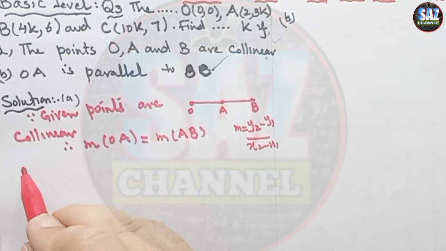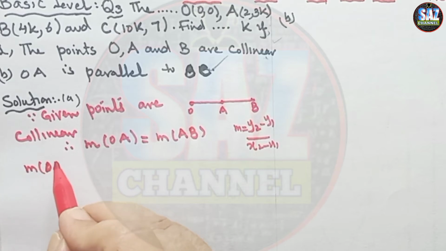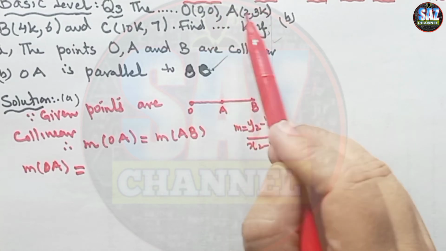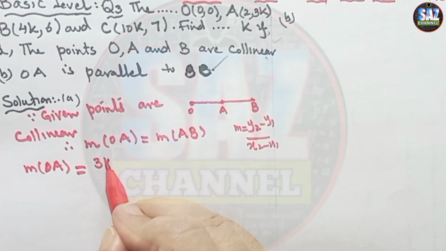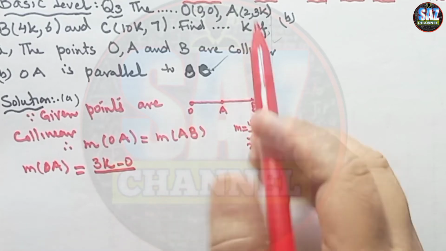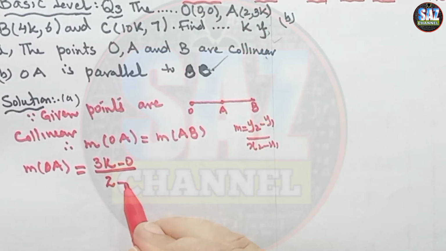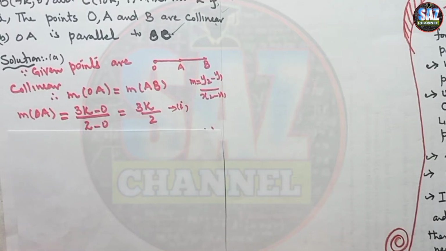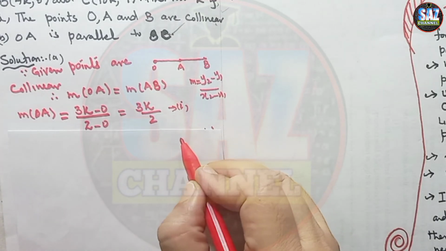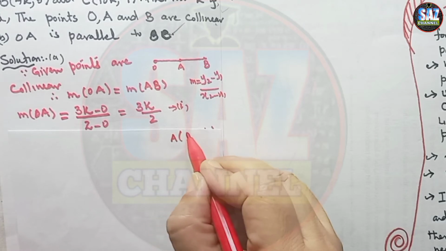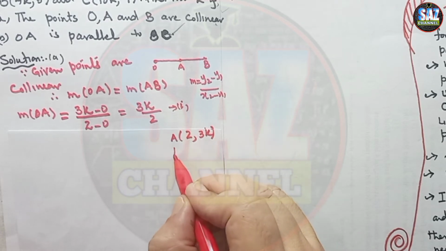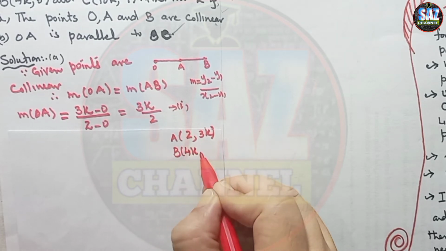Then m of OA will be equal to (3k minus 0) upon (2 minus 0), and this will give me 3k by 2. Now we have to go for the gradient of AB, and A has the coordinates (2, 3k), and B has the coordinates (4k, 6).